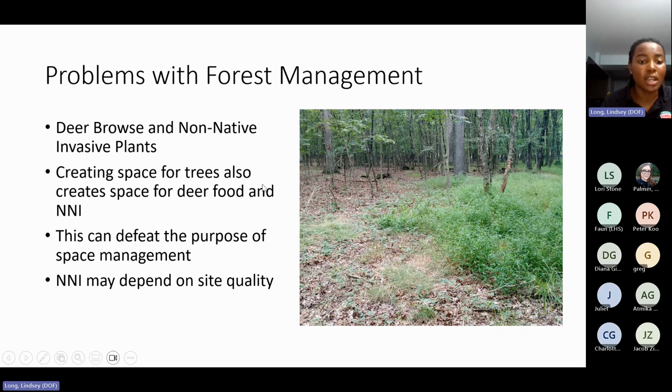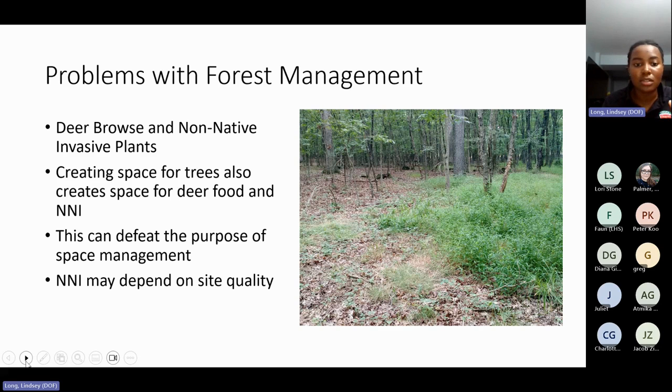So it's something the forests have to fight to get through. So deer browse and non-native invasive plants are two of the major problems in forest management.